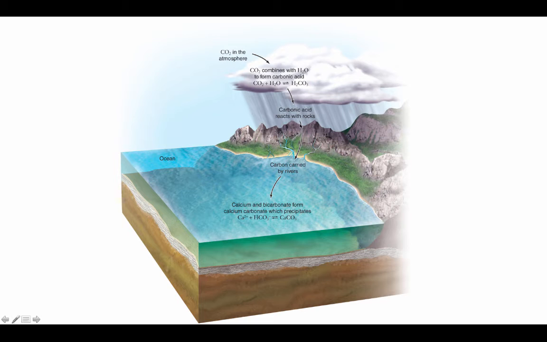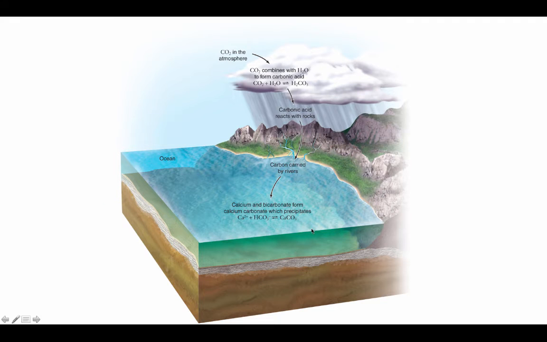Those ions are then carried down the mountains in rivers out to the oceans. In the oceans, the calcium and bicarbonate ions precipitate to form a rocky substance with very low solubility called calcium carbonate. This is the material that most marine vertebrates build their shells out of. So this is not a very soluble substance.